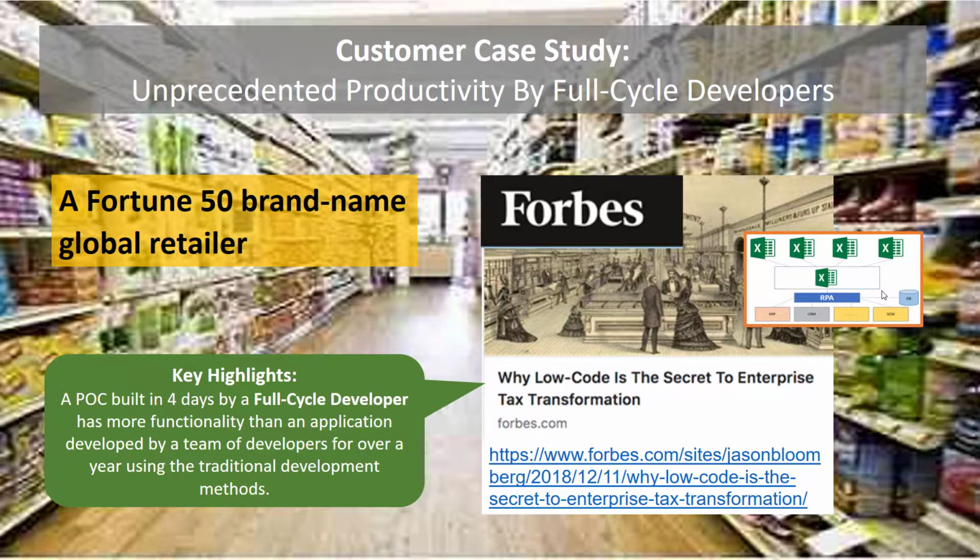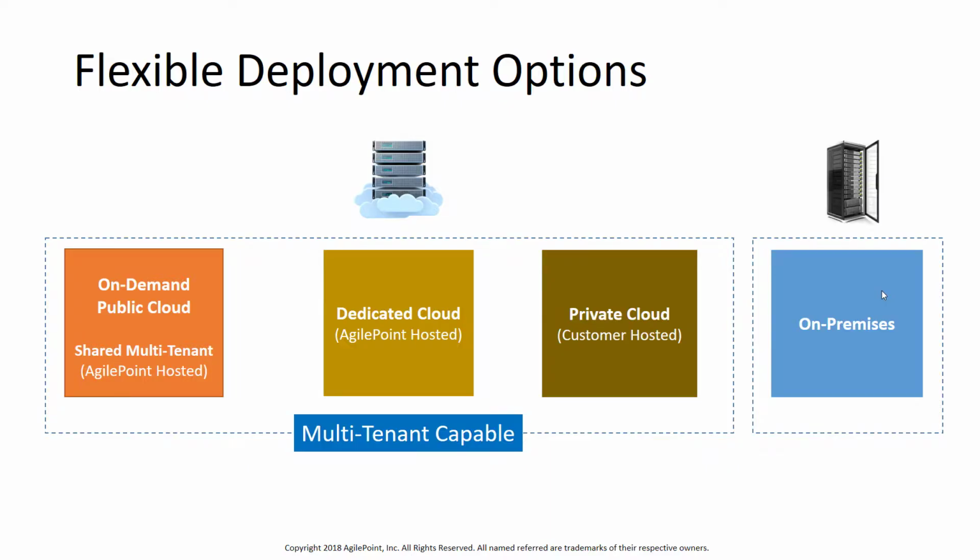And after giving them our technology, in the period of 4 days, one of their developers was able to release an application that had twice the amount of functionality that took more than a year using a competitive platform. Right, this case was so compelling that it actually was profiled in Forbes, and we'd be glad to send you a copy of that article post the webinar today.